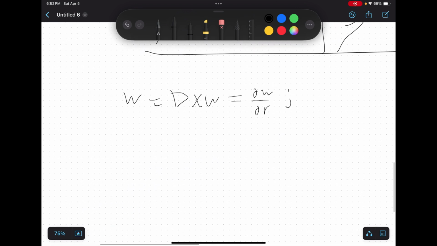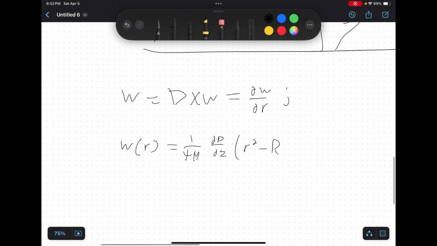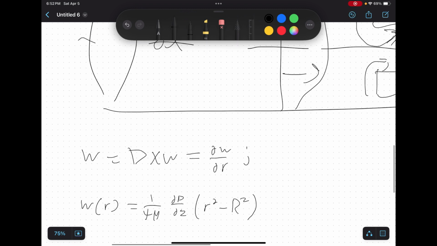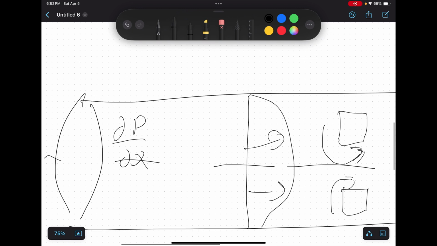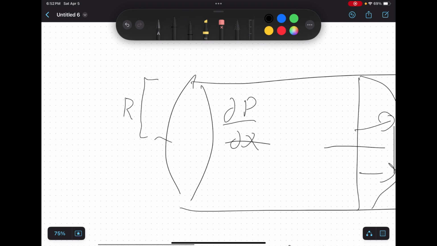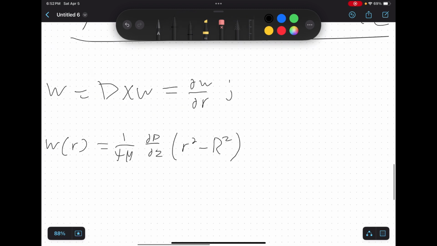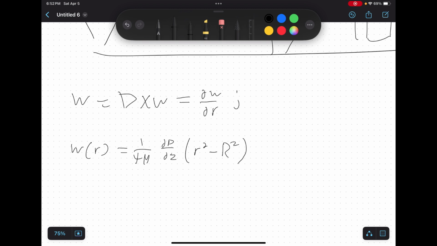Now's the interesting part. I did the math again, and we get w as a function of r is 1/4 dp dz times r squared minus big R squared. And big R is just that. So what does this tell us?